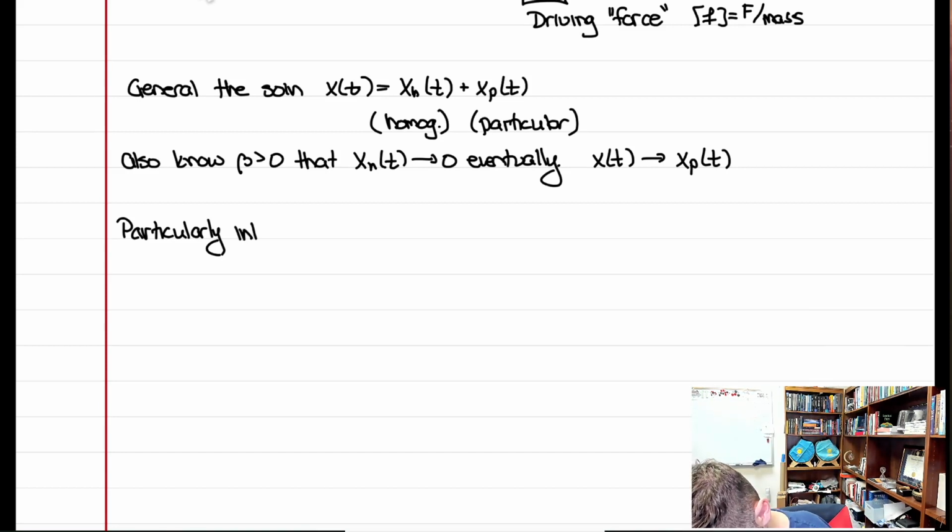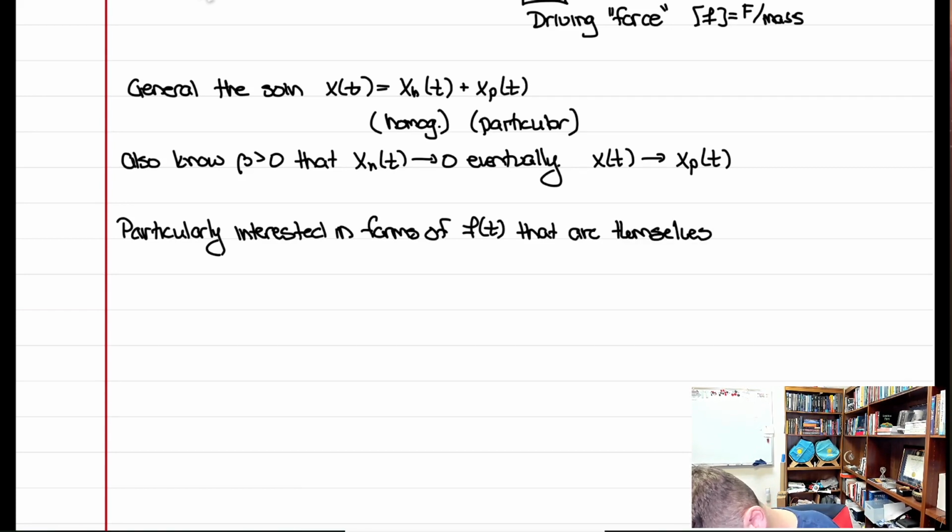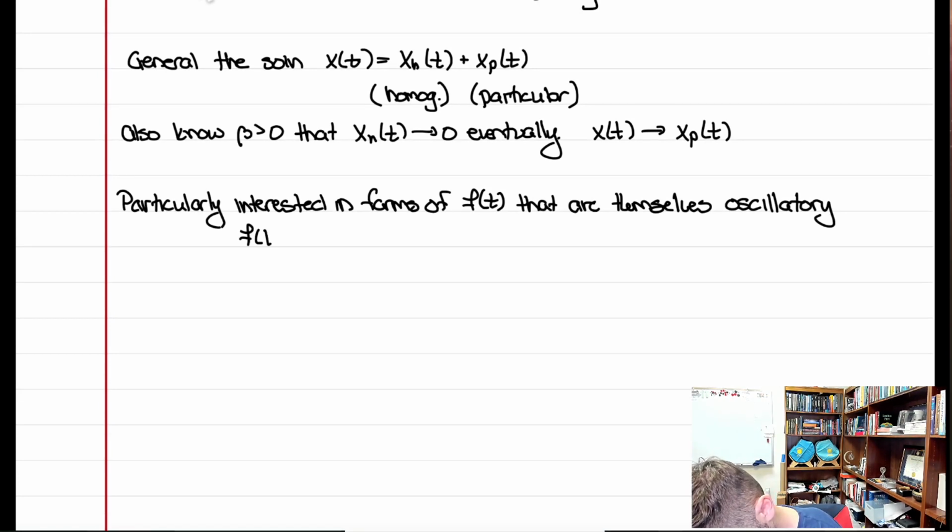So particularly we're going to be interested in forms of f as a function of time that are themselves oscillatory, i.e. f of t is going to be something like some constant f naught times cosine of omega d times t, where omega d might be what I call a driving frequency.